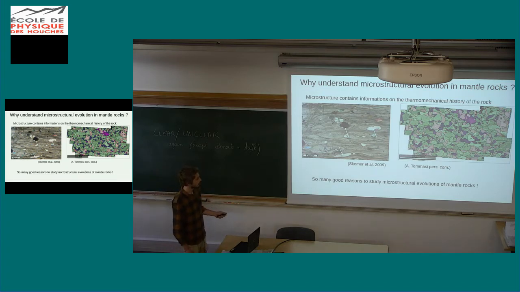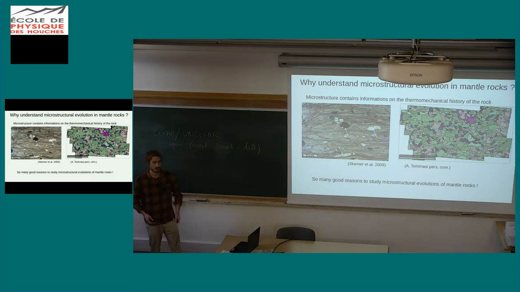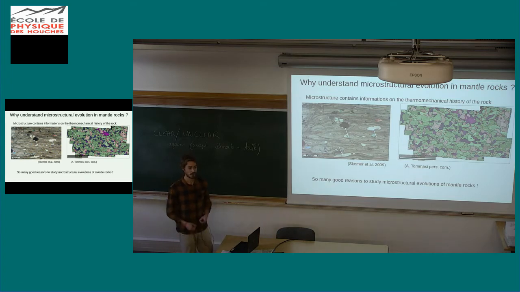With this microstructure, we can see that the grains are large and the triple junctions are at 120 degrees, and we can say, yes, this rock has not been deformed since a long time. And so all of these are good reasons to study microstructural evolutions of mantle rocks and rocks in general.